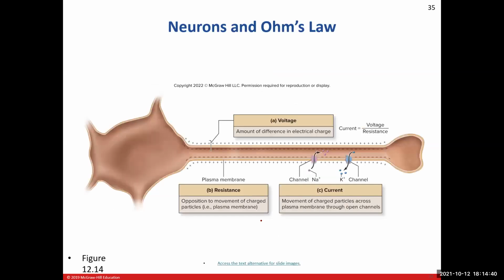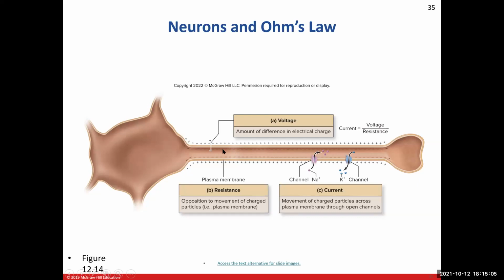All right, so here's a great slide discussing what Ohm's law is and puts things into perspective a little bit. Now you can see our neuron here. When we're measuring the voltage, we're totaling up the difference in the electrical charge between what's outside the neuron and what's inside. So the sodium chloride and some of the other ions are outside, and then the potassium is on the inside.